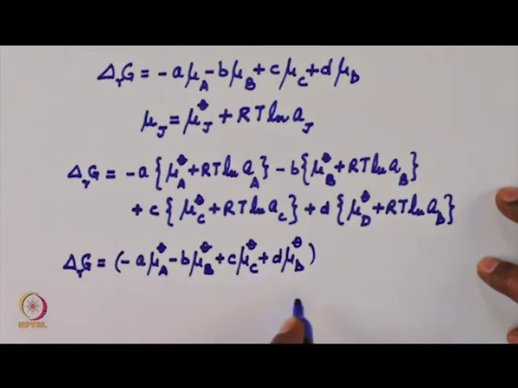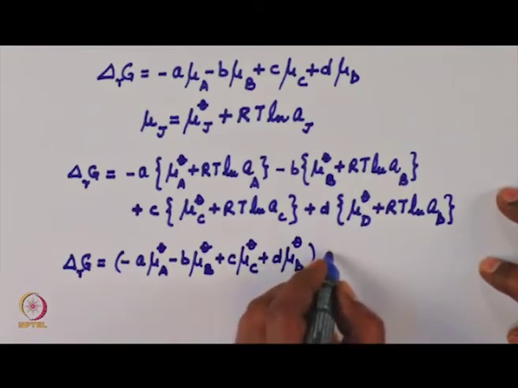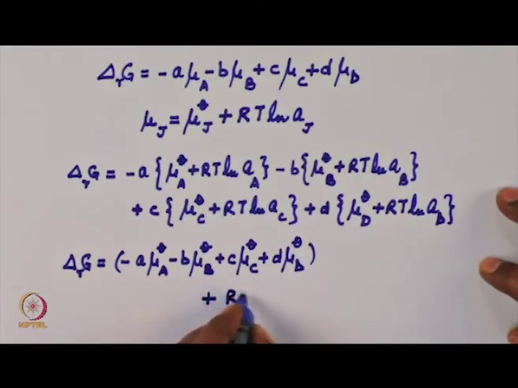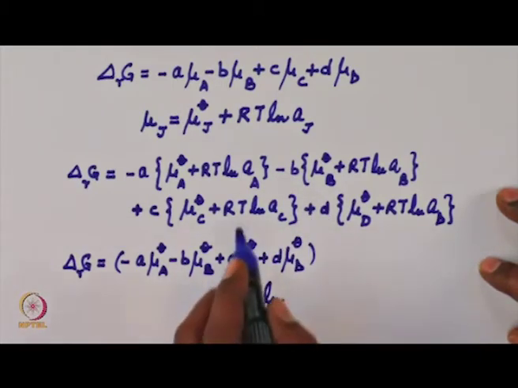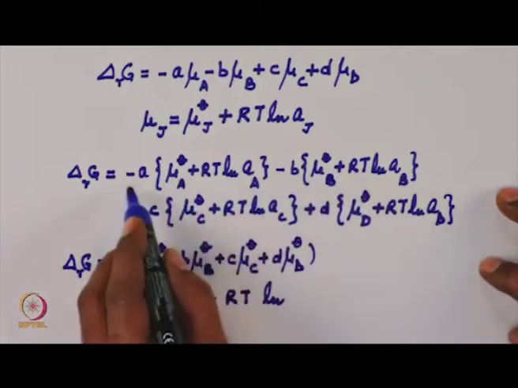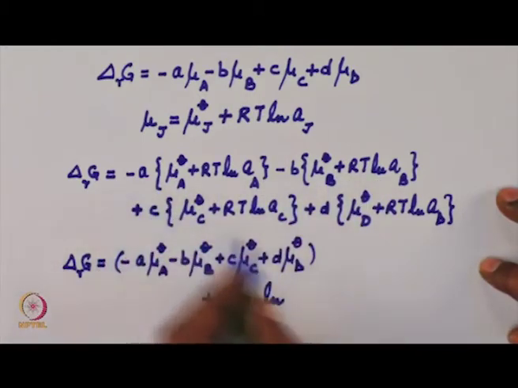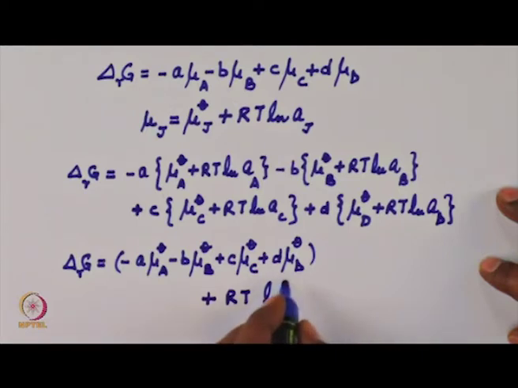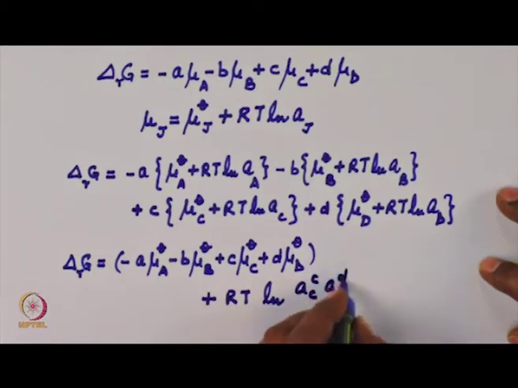These are the terms for the chemical potentials, plus RT log. Now, activity of A and activity of B are with the negative signs, so these will come as denominators in the logarithmic term. In the numerator we have activity of C raised to the power c, activity of D raised to the power d, over activity of A raised to the power a, activity of B raised to the power b.